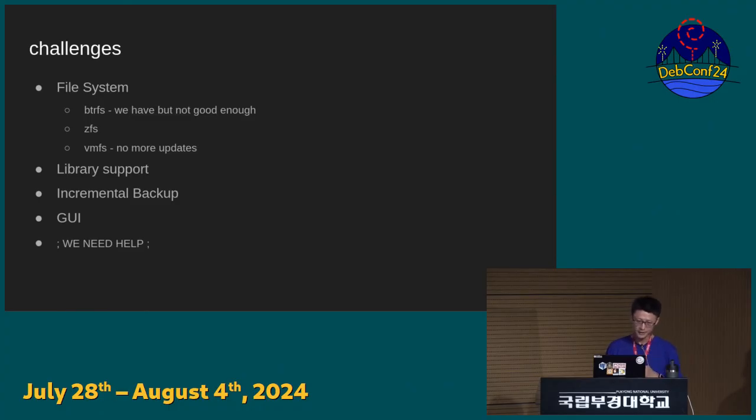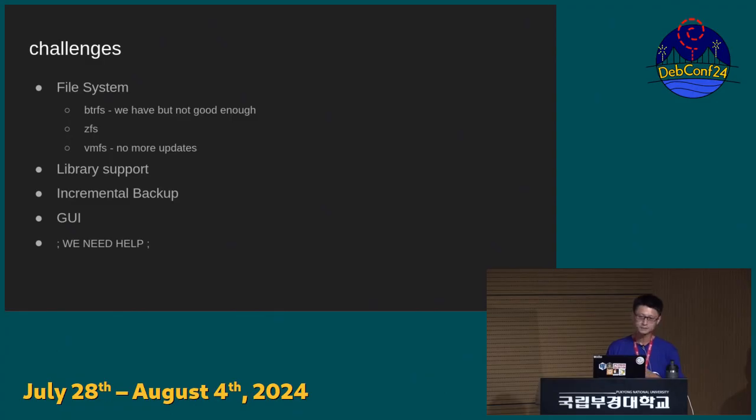We also have some challenges. Maybe not very clear, but we have some file system layer support. Even Btrfs we already support, but it's not easy to maintain. We are not good enough because Btrfs is cross-partition, or we have some limitation here.